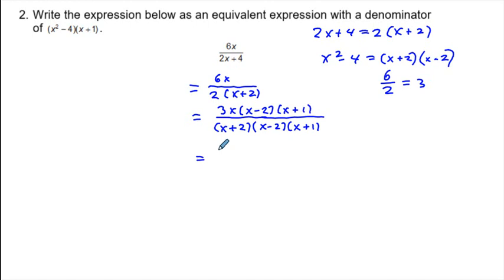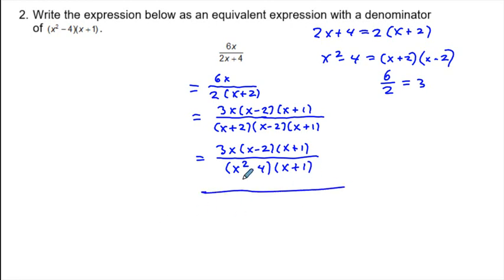We can just rewrite here 3x, x minus 2, times quantity x plus 1, and finally I'm going to rewrite this denominator as quantity x squared minus 4 times quantity x plus 1. And so that's going to be our equivalent expression with that given denominator.